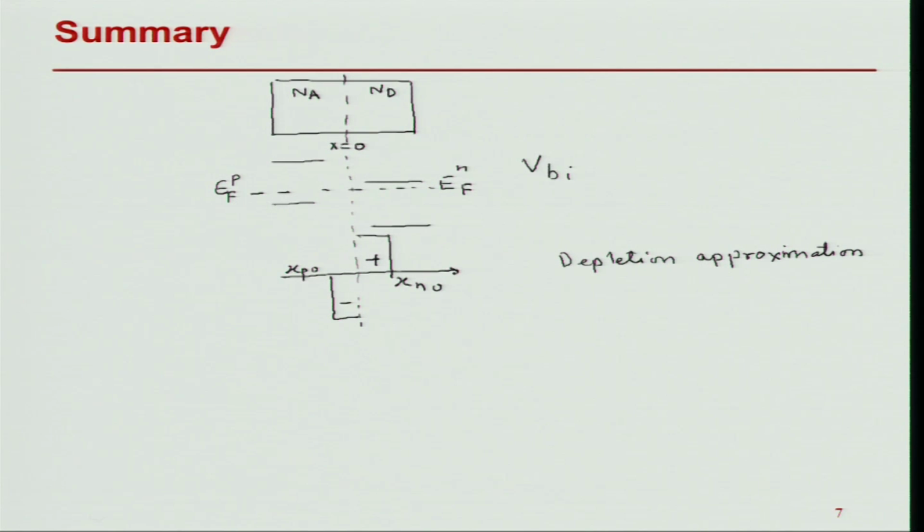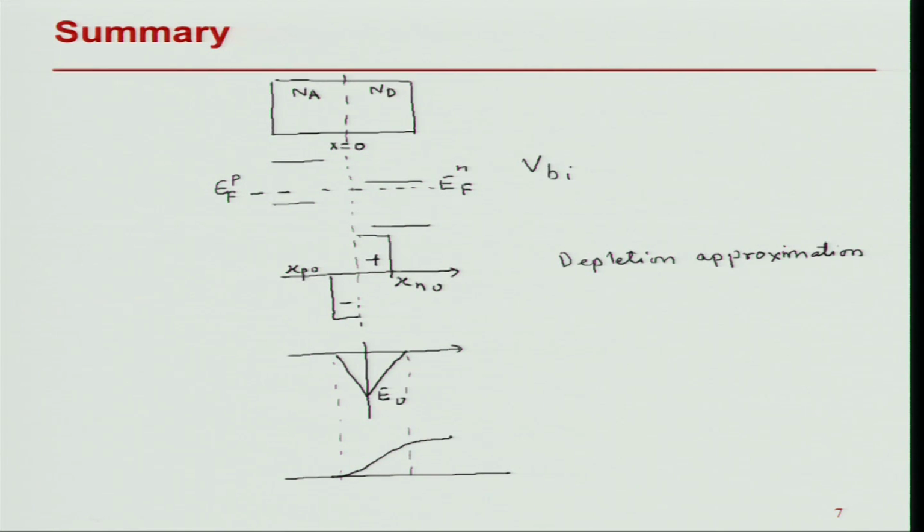And based on this, using Gauss's law, we found the field in the p-n junction, and based on that I could plot the potential change in the p-n junction going to VBI.